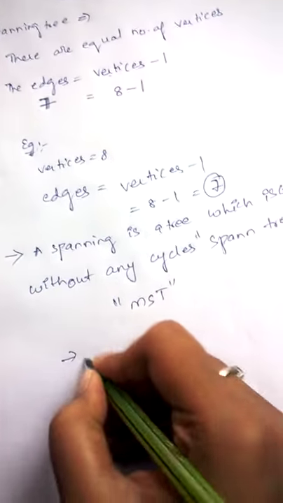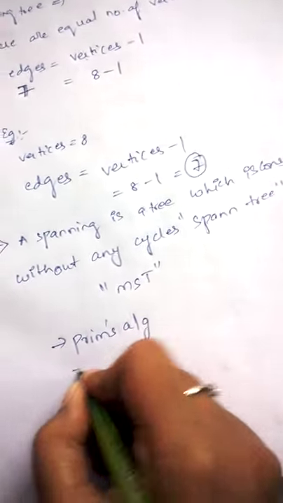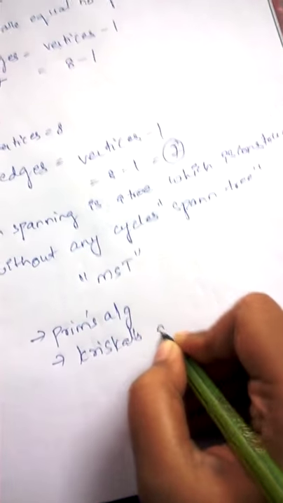In minimum spanning tree you have two types of problems. One is Prim's algorithm and one is Kruskal's algorithm. Now I am going to explain what Prim's algorithm is and what Kruskal's algorithm is.